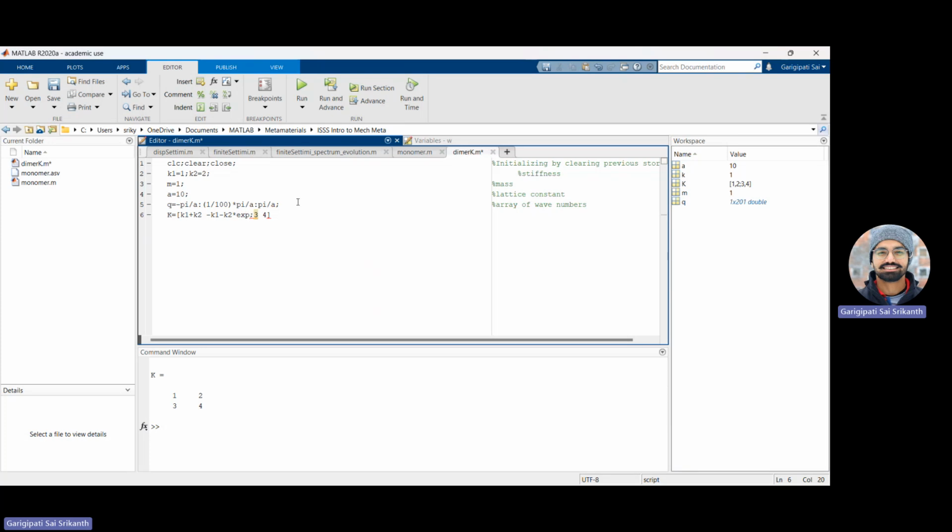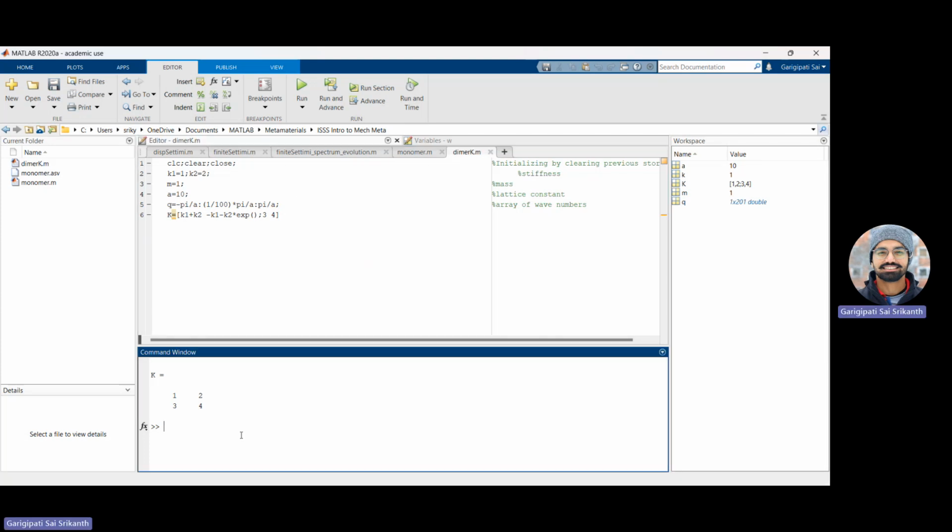So exponent and value in the bracket. To do that, let's say exponent e to the power, say this to 1.7183.